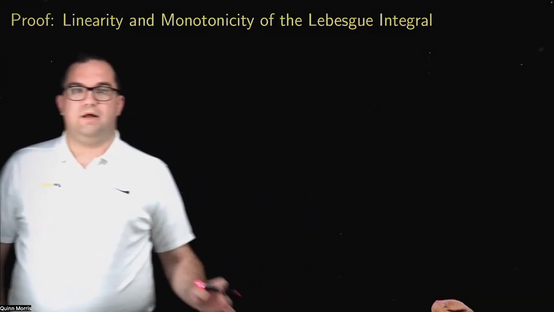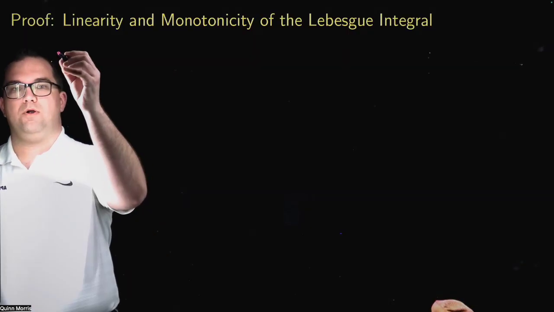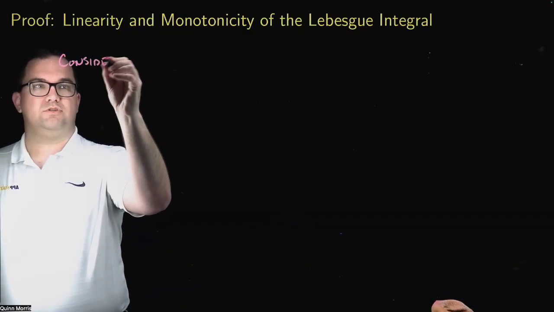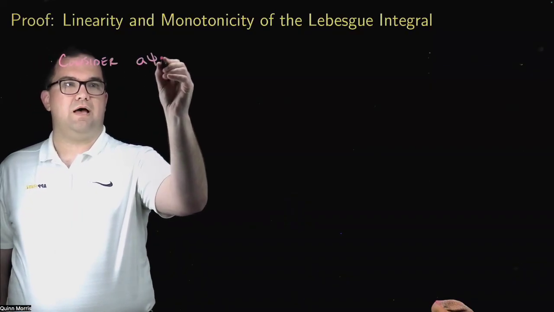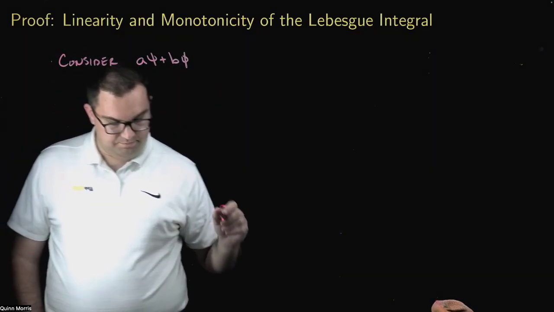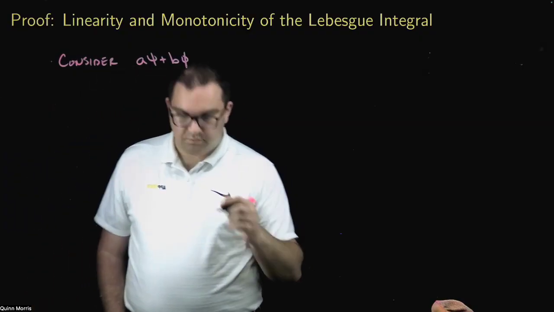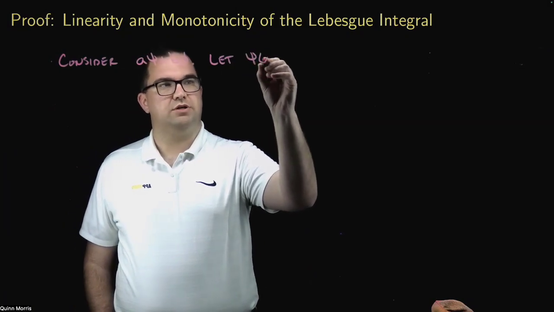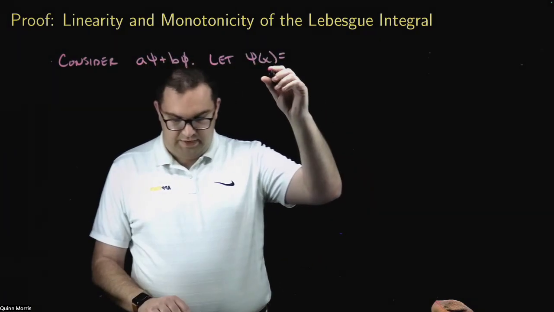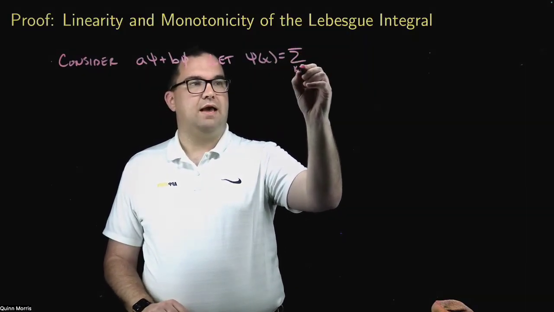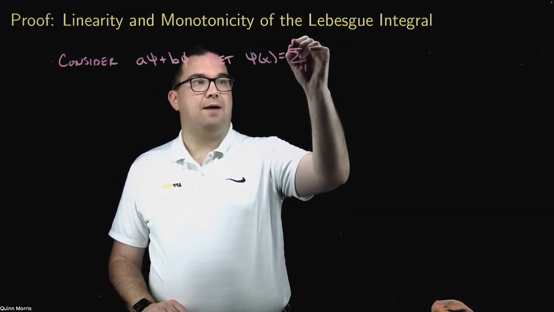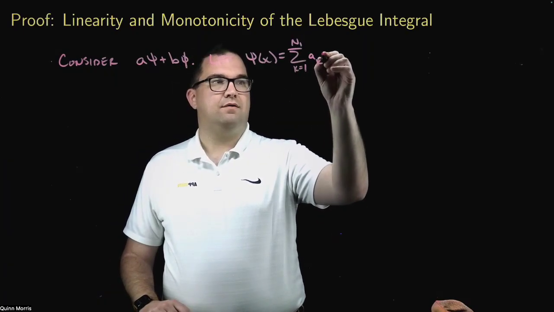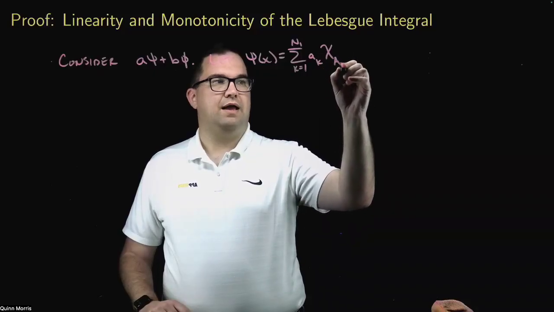Okay, so to prove the first part, the linearity part, let's consider the function A psi plus B phi. Let's take psi's canonical representation to be the sum k equals 1 up to capital N1 of AK times chi of AK.